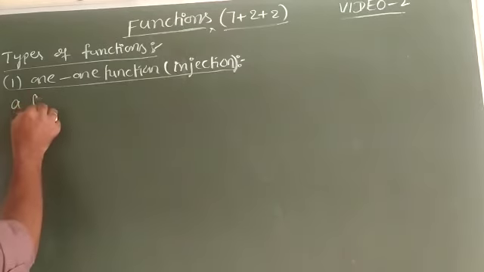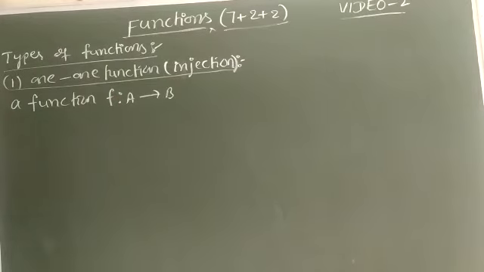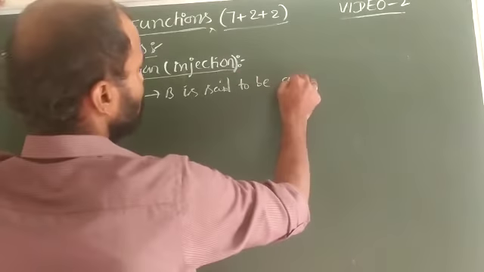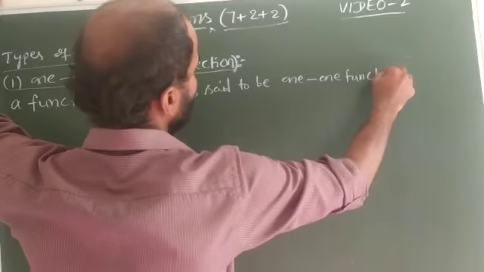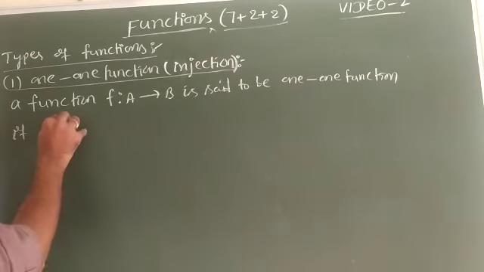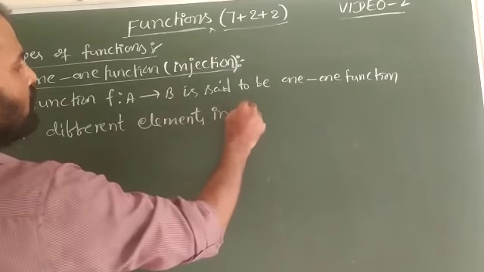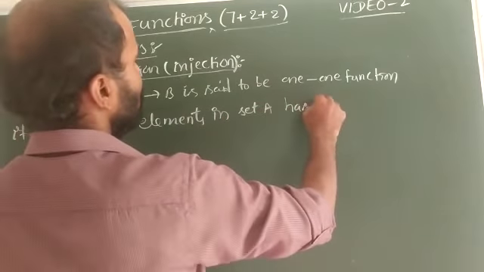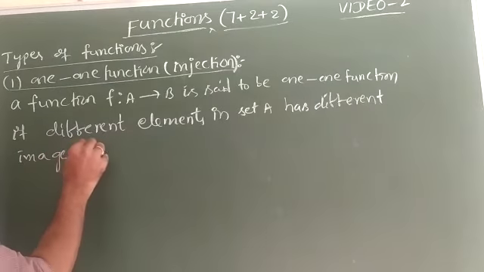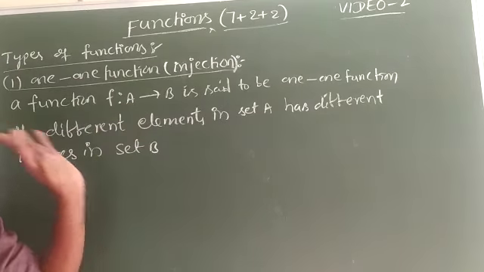A function f from A to B is said to be one function if different elements in set A have different images in set B. Different elements in set A have different images in set B, then it is said to be a one function.